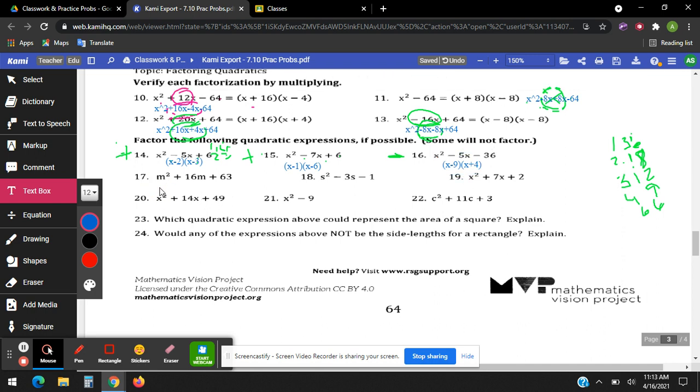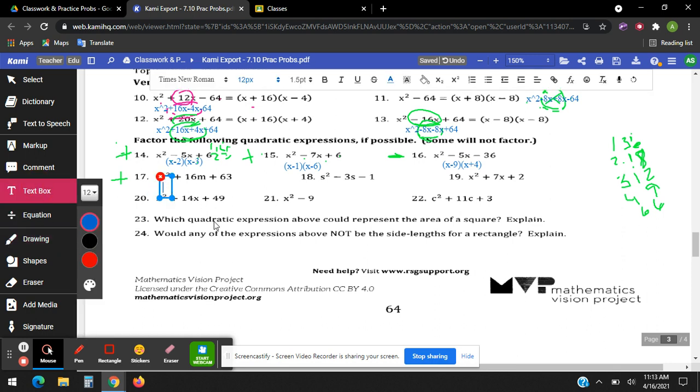Okay, this one, 63. They're both pluses, so I know it's going to be a plus. And I'm going to use m this time. So both pluses, so m plus and m plus. 63, so two factors of 63 that add to get 16.